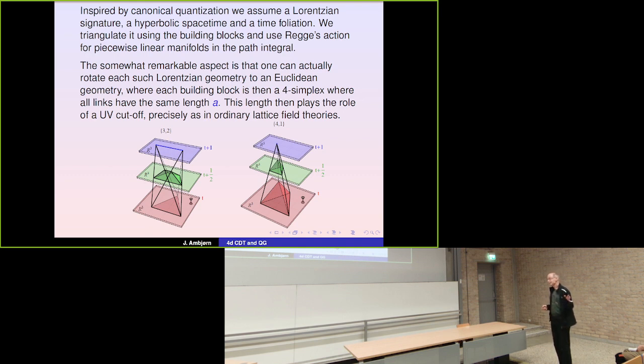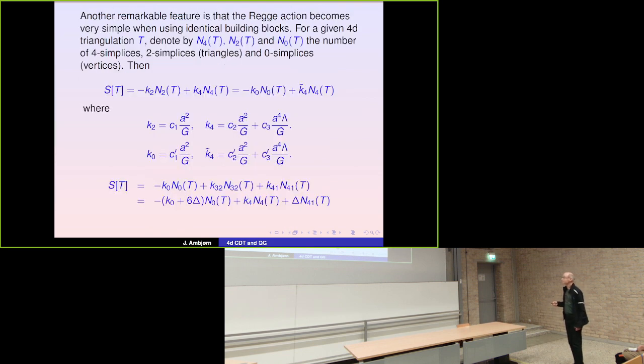And this length is going to play the role, as we imagine, of a diffeomorphism invariant ultraviolet cutoff of our theory, exactly like the lattice length of a link plays this role in ordinary lattice theories. And another remarkable feature is that this Regge action, which in general is very complicated for some kind of triangulation, simplifies in a dramatic way if you use identical building blocks.